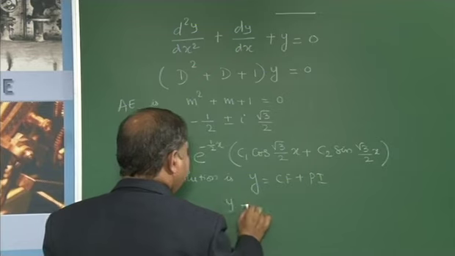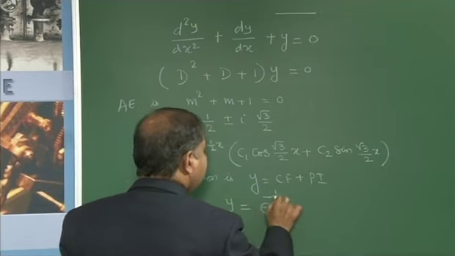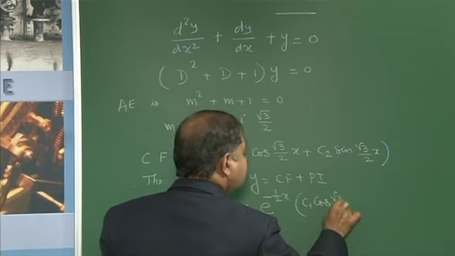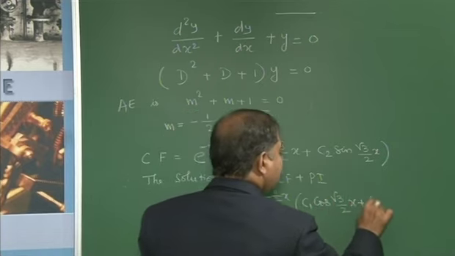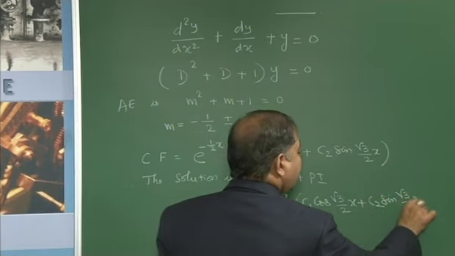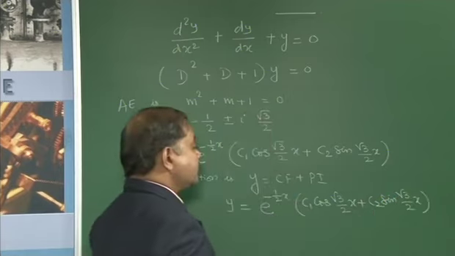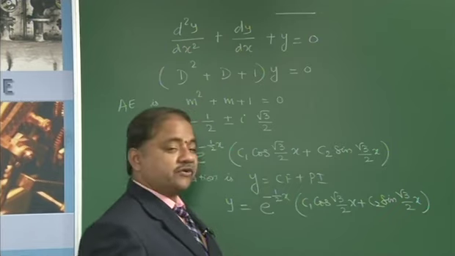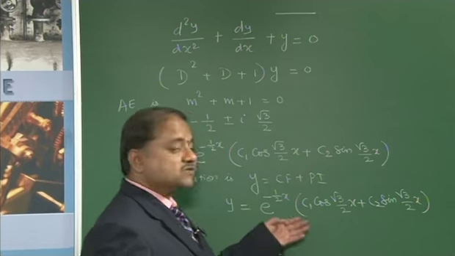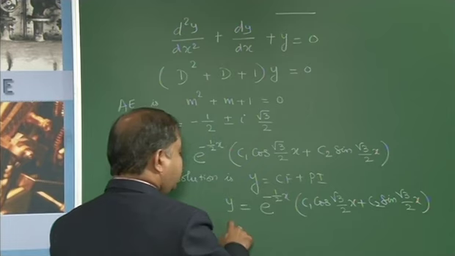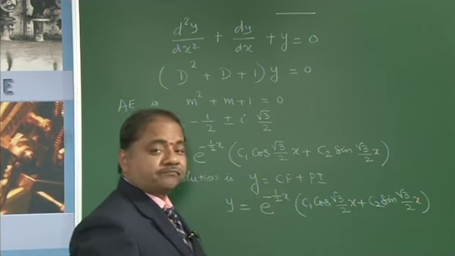There is no PI, so my CF itself is going to be the solution of this equation, which is nothing but, as already written, e power minus 1 by 2 x, c1 cos root 3 by 2 x plus c2 sin root 3 by 2 x. This is going to be the solution. This is very important: you have to write the solution, then the answer.